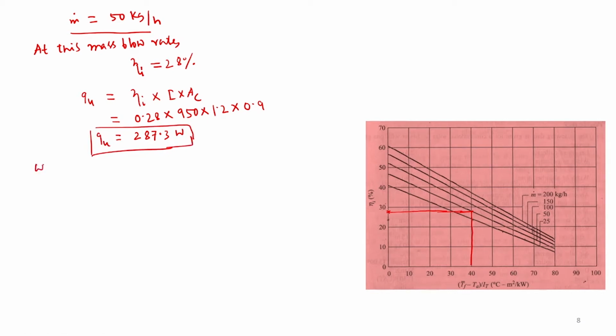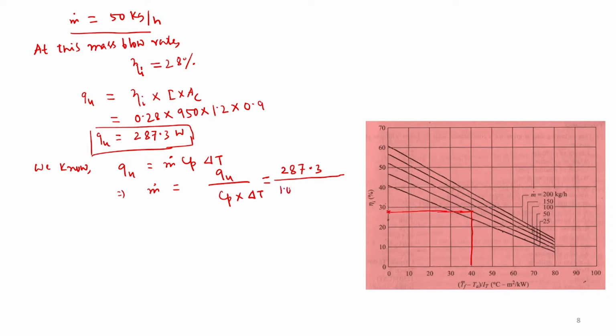And also we know QU is m dot Cp delta T. So, this m dot we can calculate as QU by Cp into delta T. Cp is the specific heat of air, and this value is also known to us, and QU is also known, which is equal to 287.3 divided by Cp, which is 1.007 into 10 cube, and delta T is 20, straightaway we can write, which is nothing but 74 minus 54.